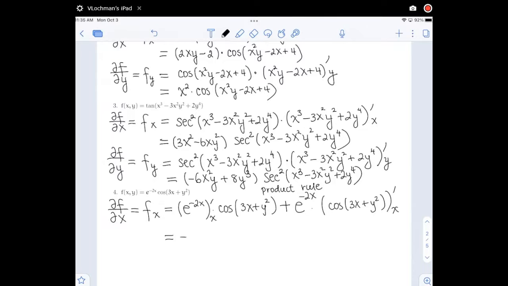Okay, negative 2 e to the negative 2x times cosine of 3x plus y squared. Okay, good. Then this we can rewrite, and now we differentiate this with respect to x. So derivative of cosine is negative sine, right?